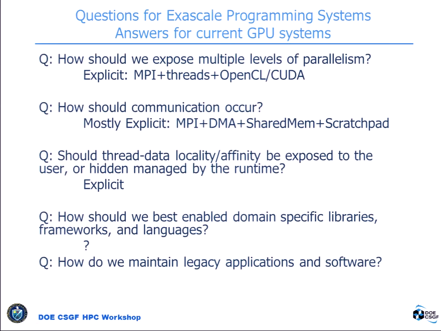And then how do we maintain legacy applications and software? Well, we're partially doing that in GPUs because if you want to use more than one GPU, you can preserve the MPI portion of your code and the OpenMP portion of your code and offload some of that functionality down to the GPU using CUDA or OpenCL. And so that's partial. What would really upset the paradigm is if we had a globally addressable memory in GPUs.